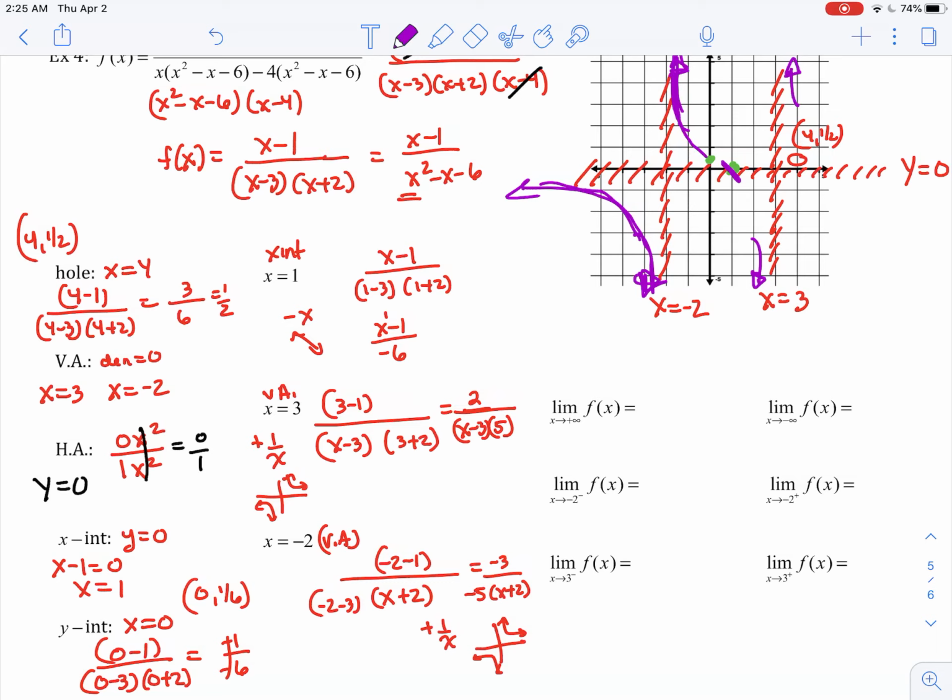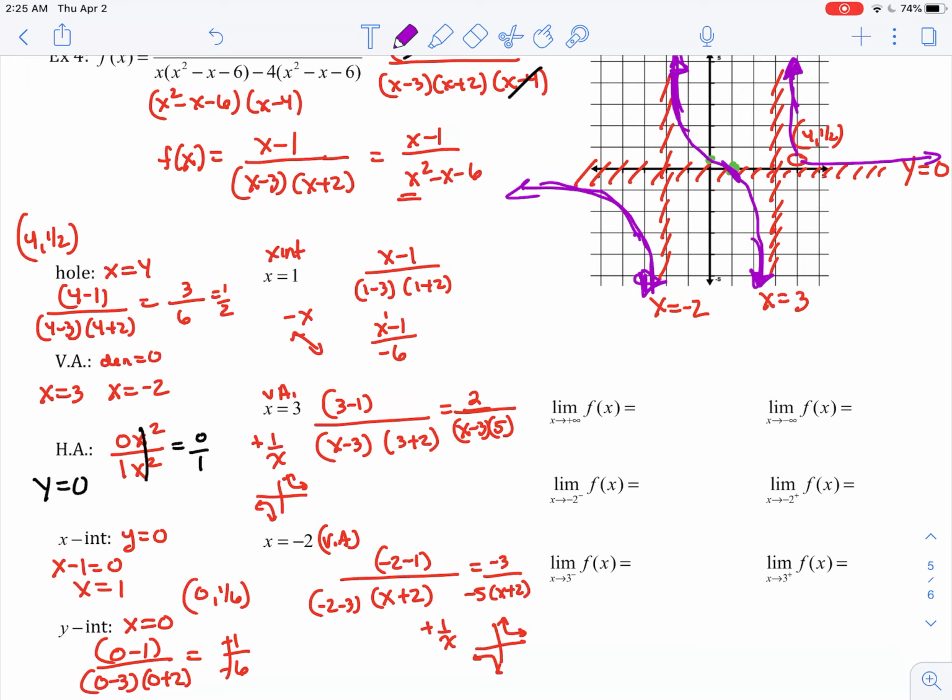It comes down through this y-intercept, down through this x-intercept, and then down along the left side of this vertical asymptote. On the right side of this vertical asymptote, our graph is going up towards a positive infinity, comes down, we have a hole in our graph at 4 1/2, and then it comes down along this horizontal asymptote as it goes off towards a positive infinity.